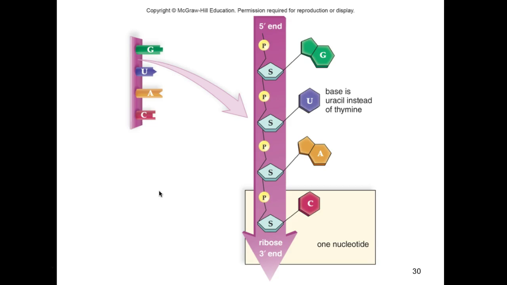Here you can see when you look at RNA, remember that RNA is a single-stranded molecule, and it has three similar bases to that of DNA, with the exception that uracil replaces thymine. And the 5-carbon sugar here is ribose and not deoxyribose.